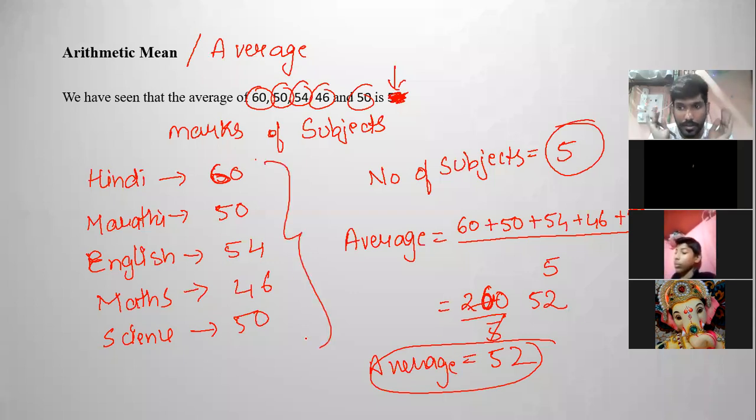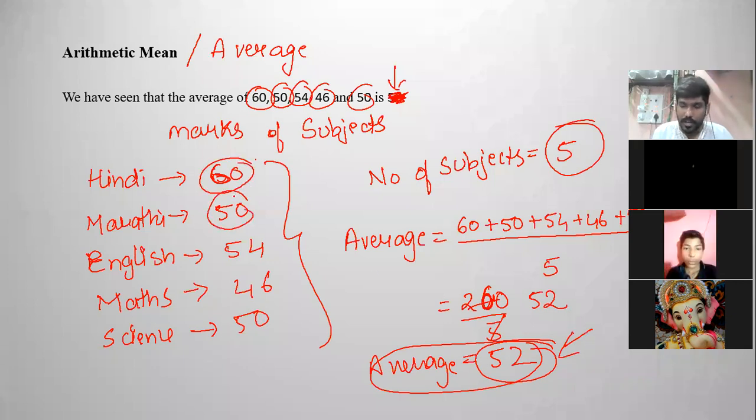Now understand the meaning. In each subject you have got approximately 52 marks. Okay, approximate, not exactly 52. It can be more than 52 or less than 52, but approximately 52. First just understand it. So if you see, in each subject you have got around 52.